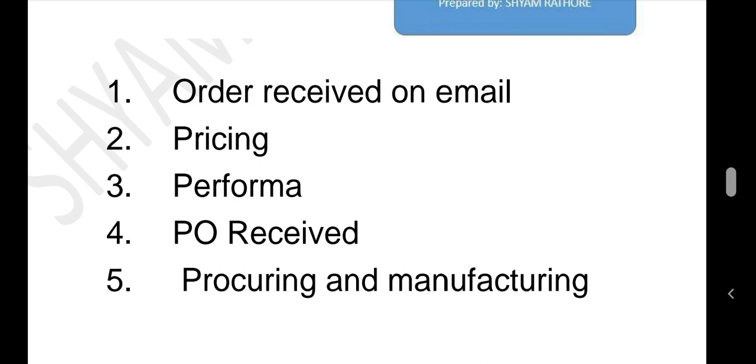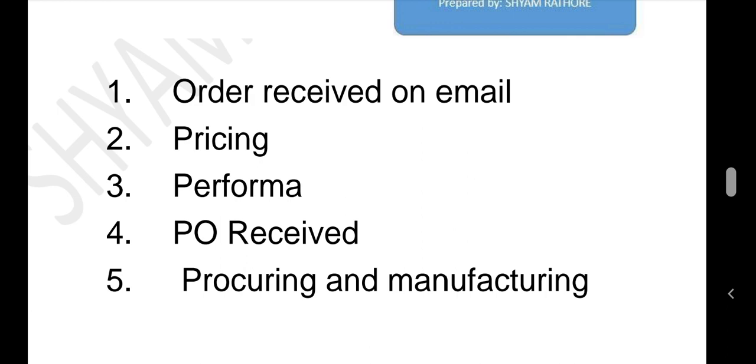After pricing, we need to prepare a Performa invoice. I already made a video on Performa, so you can check it, but I will explain briefly. In the Performa we need to mention the address of the buyer and supplier, then IEC number, Import Export Code, then port of loading, port of discharge, payment terms, Incoterms.